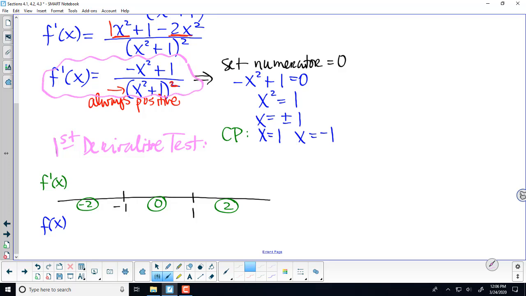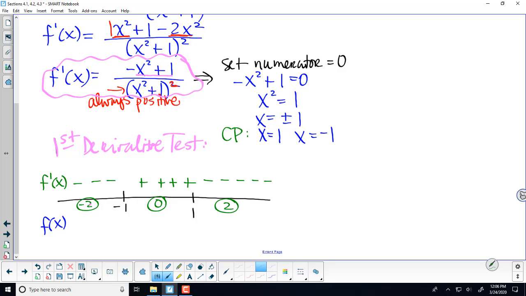Now it's not going to be terrible because the bottom's always positive, so is -2 going to make the top positive or negative? Okay, so you can do that testing. Pause the video if you need to. When I put in 0, I get 1 on top and I get a positive number on bottom. So that's going to be positive. When I put in 2, I get the same thing as -2.